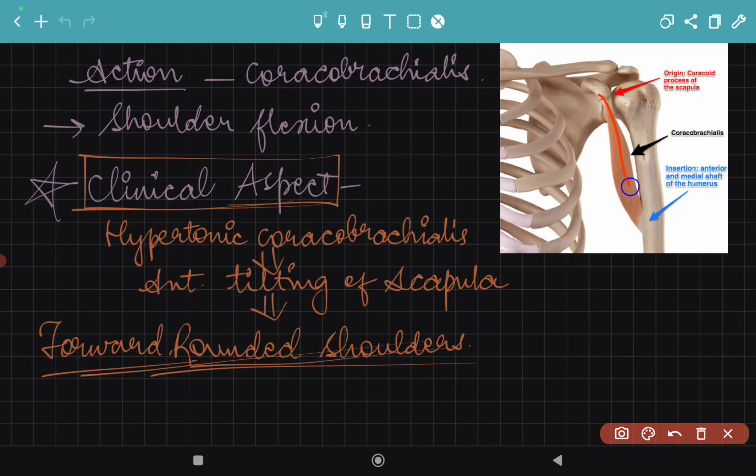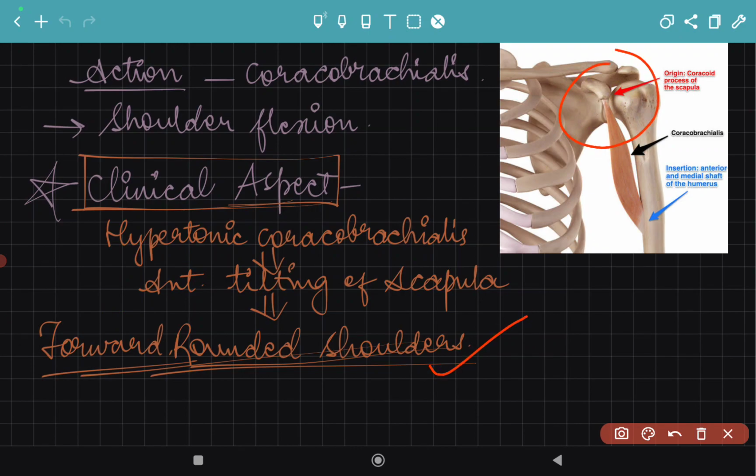As we know, the orientation is this way, so if this muscle is tight, it will pull the scapula in front, from its upper side where the coracoid process is present. So it will result in anterior tilting of the scapula, causing forward rounded shoulders.